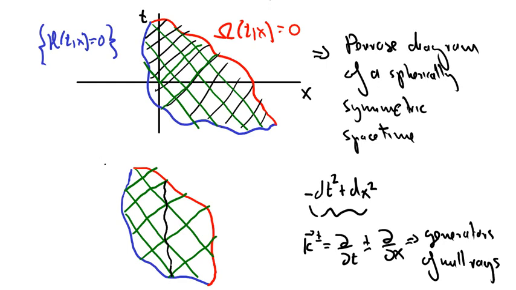Just notice that each point in this diagram represents a two-sphere. So if you want to imagine this representation in full, in 4 dimensions, then you need to think about each point of the diagram as a two-sphere. Okay, so this is the theory, the definition.